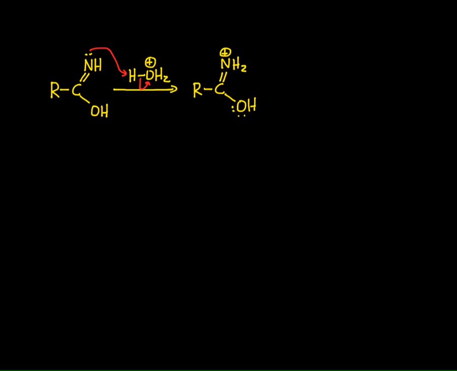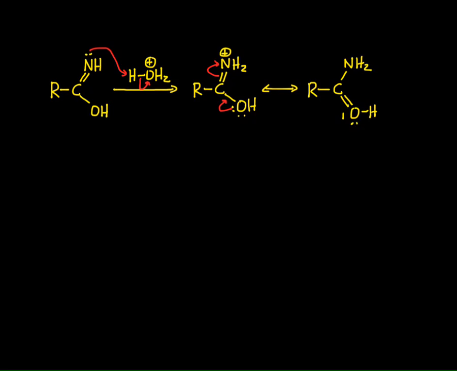And of course, we can think about this in one of two ways. This actually has a resonance structure, and in that resonance structure, you can draw a pair of electrons from the oxygen down to form a carbonyl, C double bond O, displacing the carbon-nitrogen pi bond.